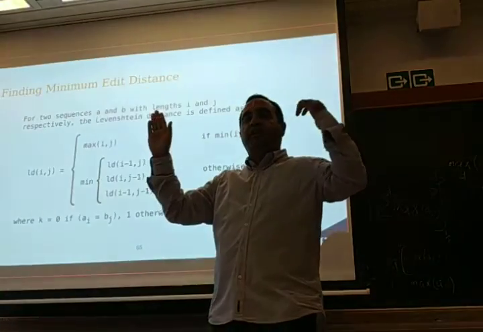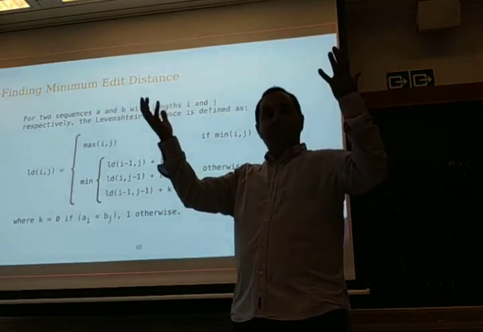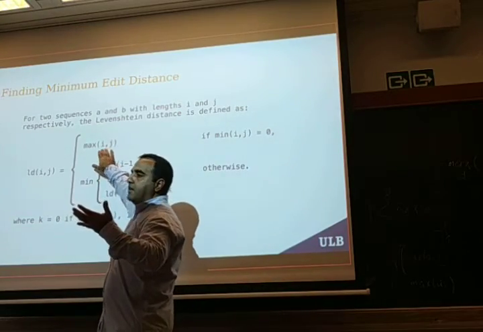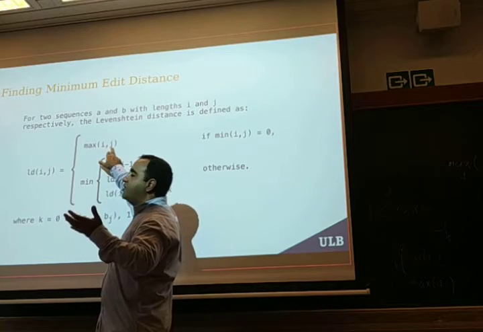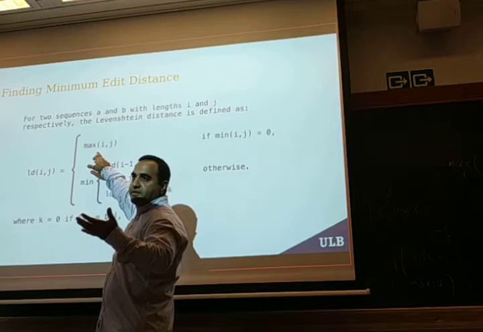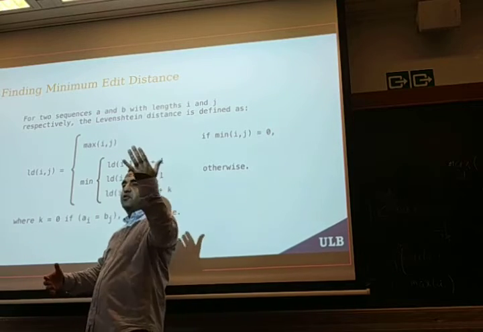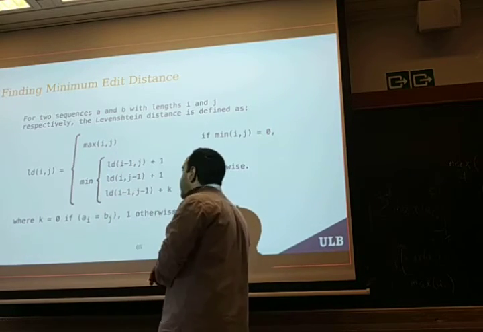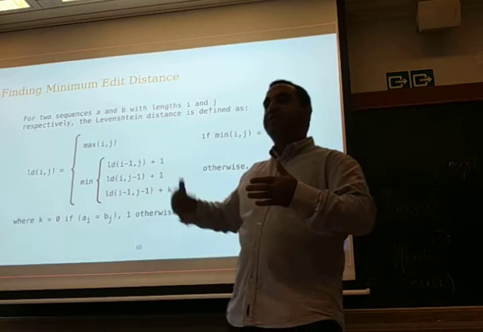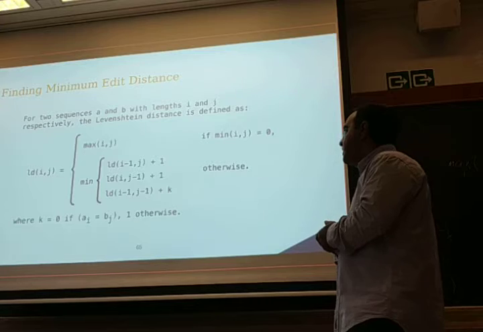So I am matching a string to nothing. In this case, if i ends, I need j. If j is 0, I need i. So the maximum, the size of the remaining string, let's say. This will be as many insertions I will need, or deletions if the source string is the one that is empty.